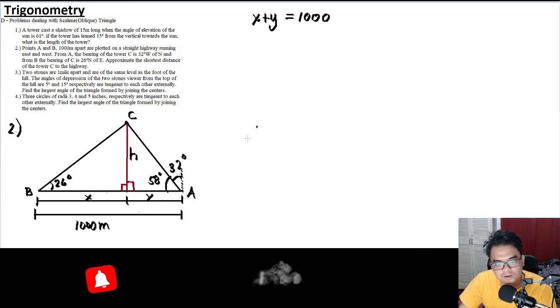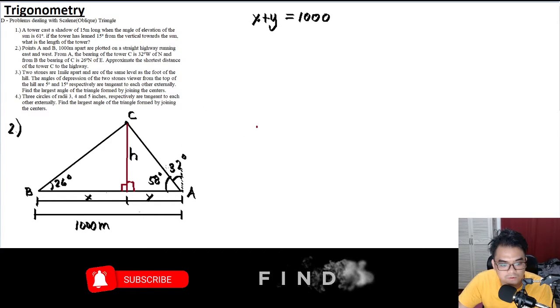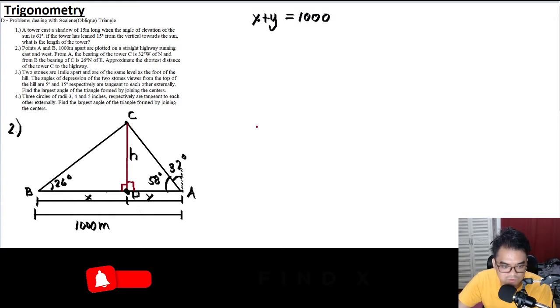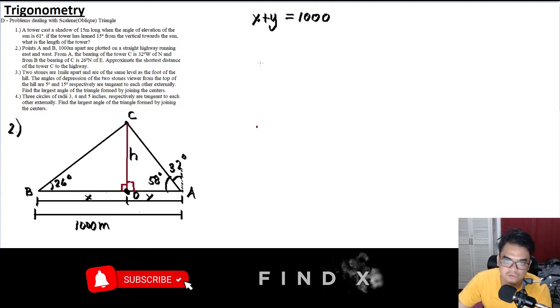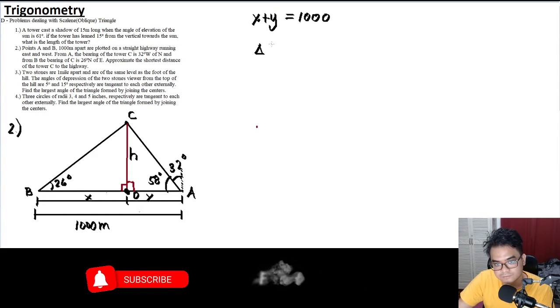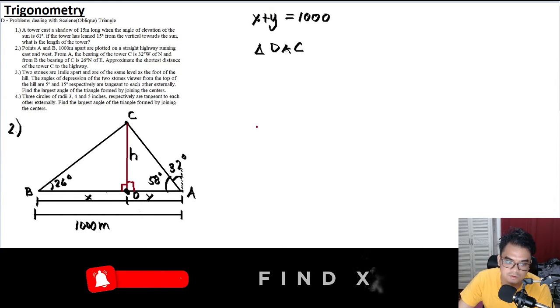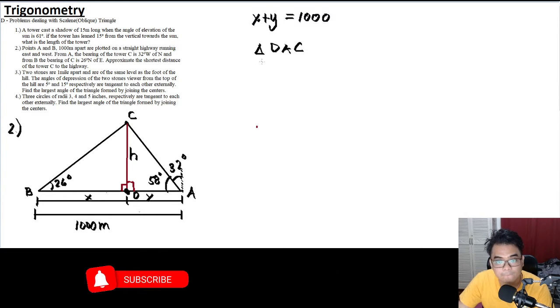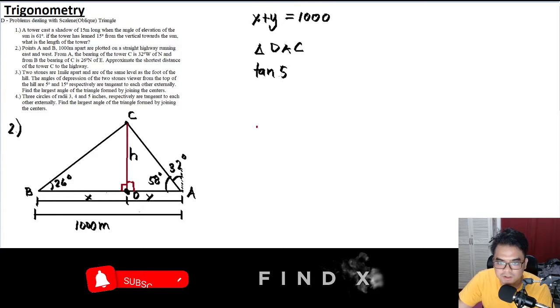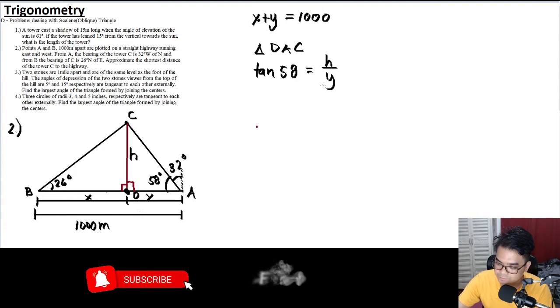So using the line, let's say this point is D. Okay, that is D. So using triangle DAC, you can have there tangent 58 is equal to h over y, right?